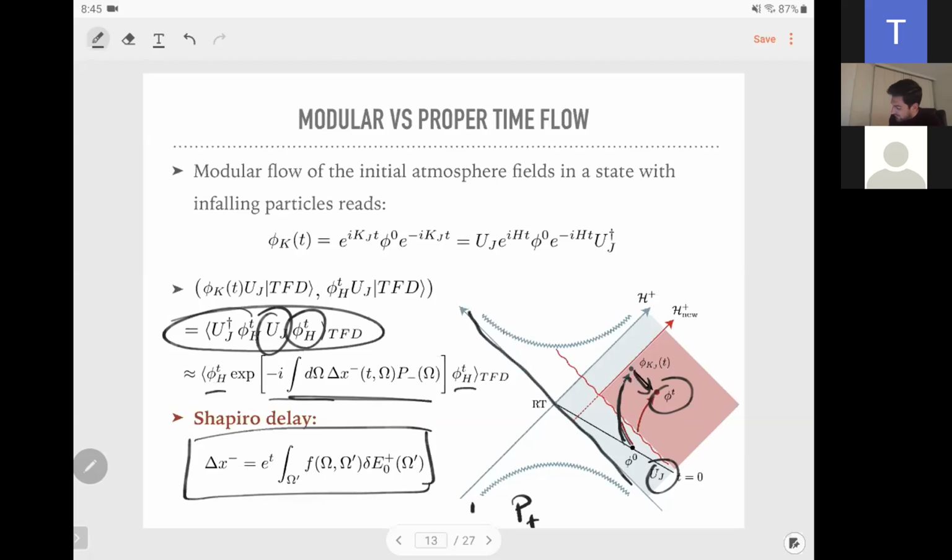And the property of this guy, I'm sorry, this is P minus, is that it satisfies this algebra with the Hamiltonian because of the local Poincare symmetry very close to the horizon. The Hamiltonian generates the boost, and this guy generates shifts, and therefore this follows from the local Poincare algebra.